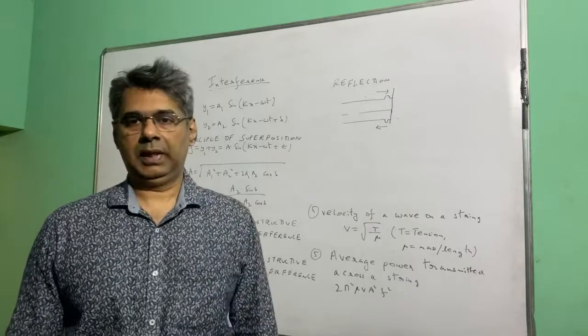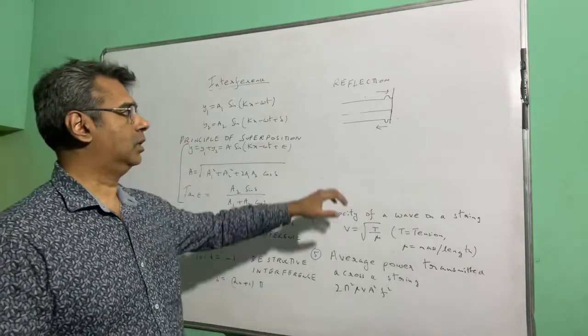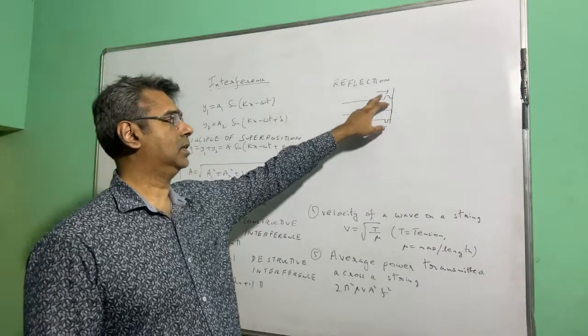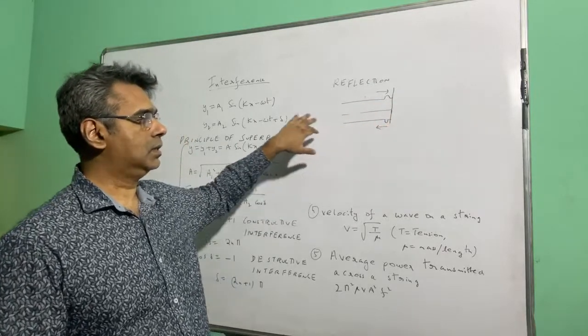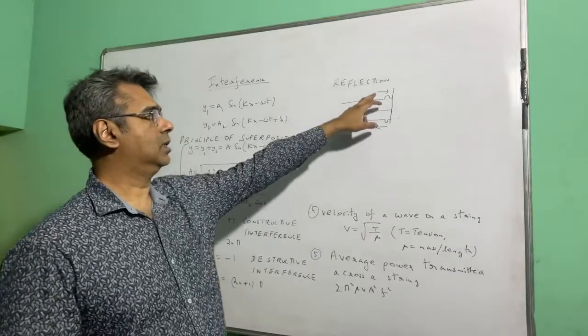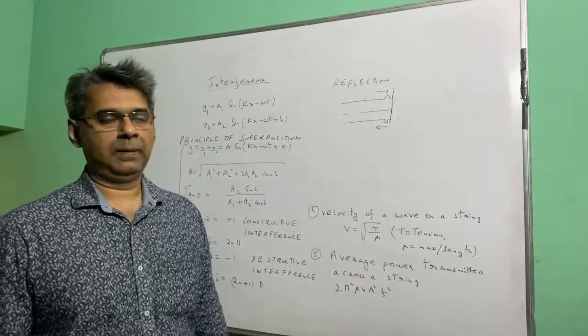So the explanation given by the scientist was that the pulse is hitting the wall, and this is the incident pulse, and whatever is rebounding from the wall, that is the reflected pulse. So this is the incident pulse, this is the reflected pulse.